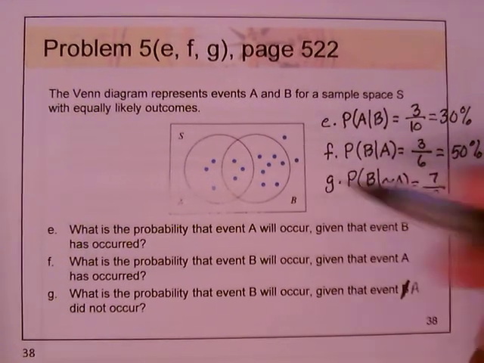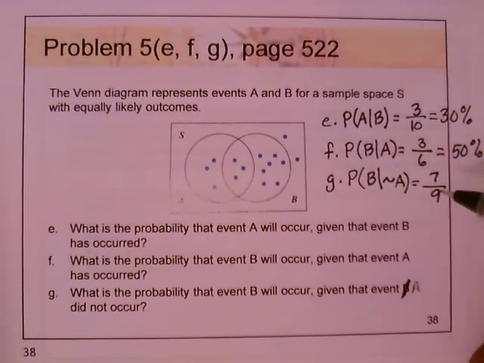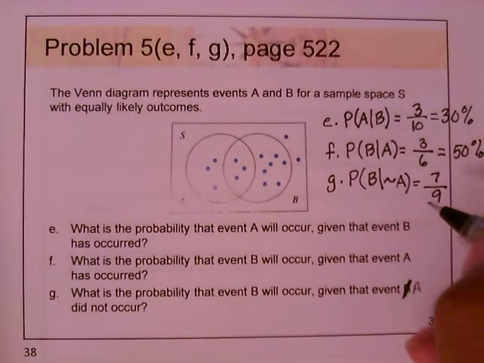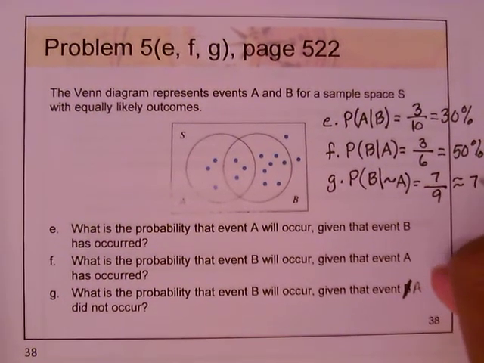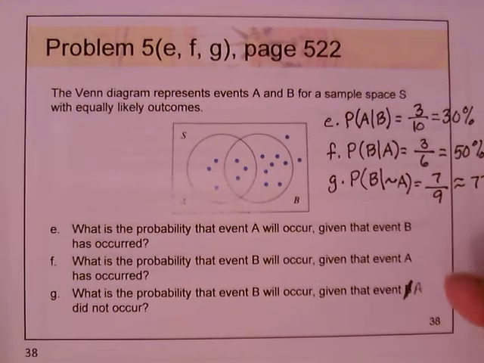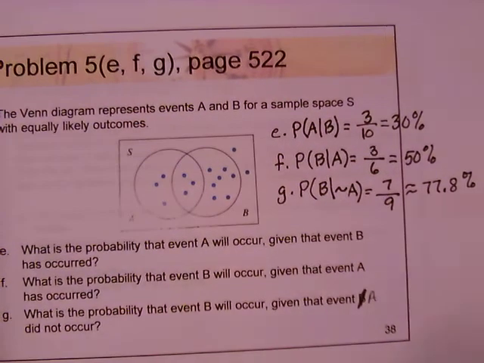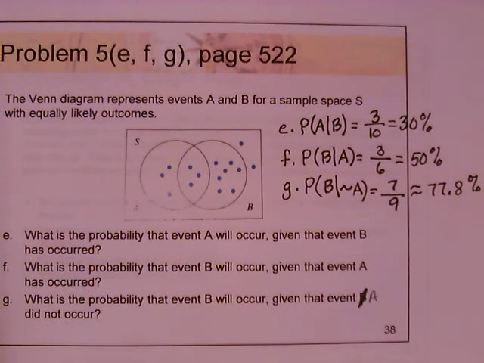And out of those 9, event B will occur only 7 out of 9. Now if I write that as a percent to the nearest tenth, it would be 77.8%. So the probability of event B given that A has not occurred would be 77.8%.